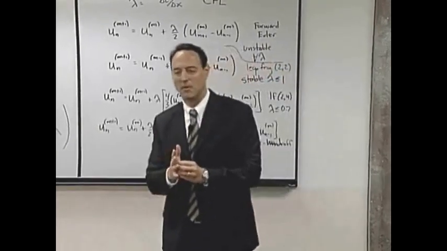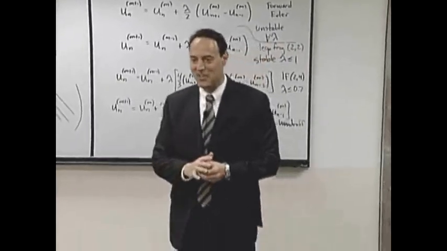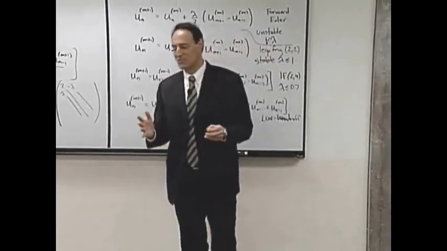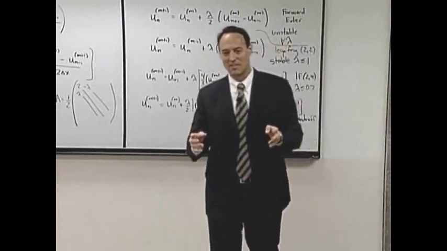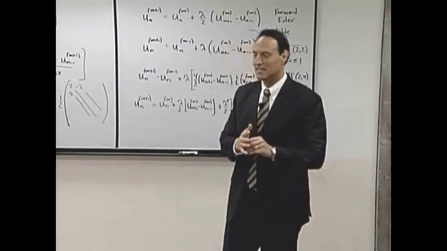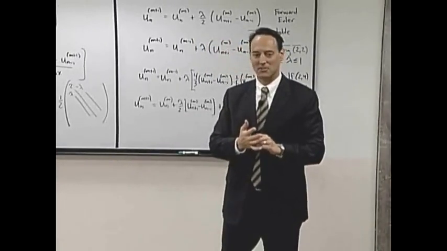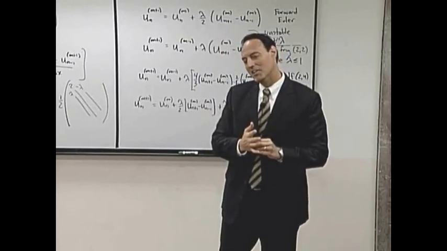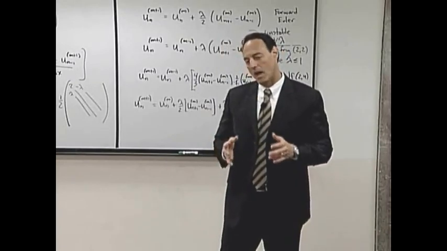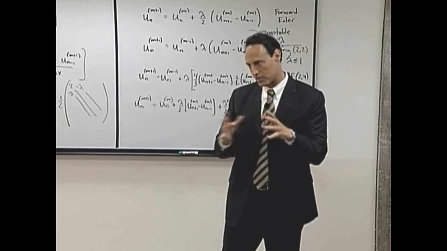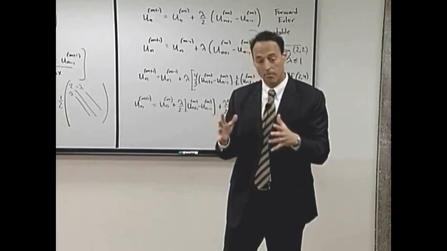By the way, here's my criticism, if I can be critical of what I'm teaching at the moment. You're not supposed to teach something and then go around saying it's all useless. But here's the thing. I'm going to show you how we construct stability arguments. This is an important part.